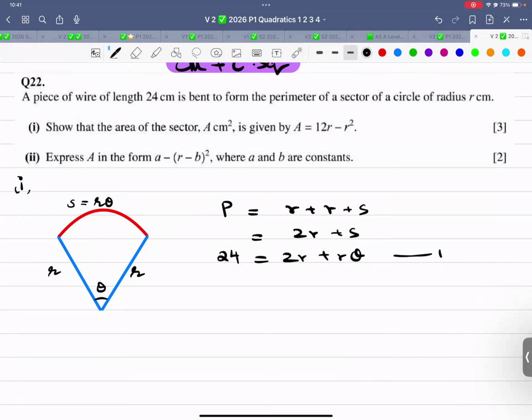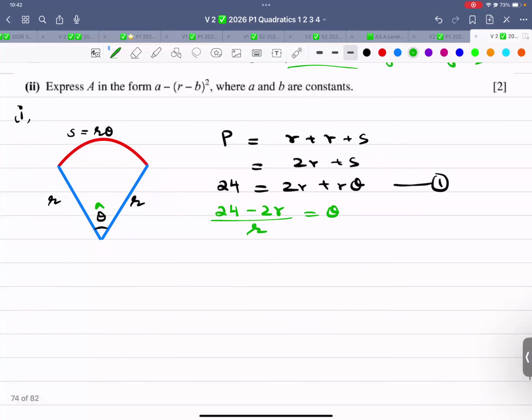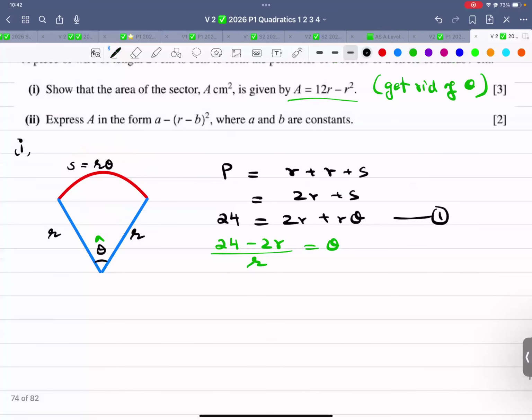That is 24. This is equation number 1. So now you want to prove the area in terms of r. That means get rid of theta. That is why they did not bother mentioning it. So in other words, 24 minus 2r divided by r is theta. That is what you're looking for. Now, what about the area?